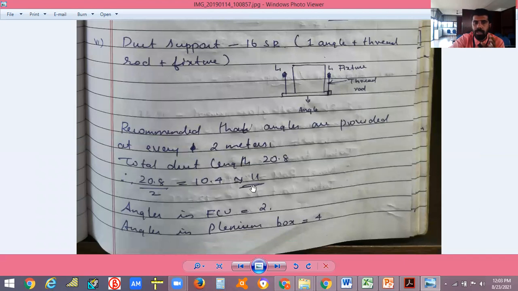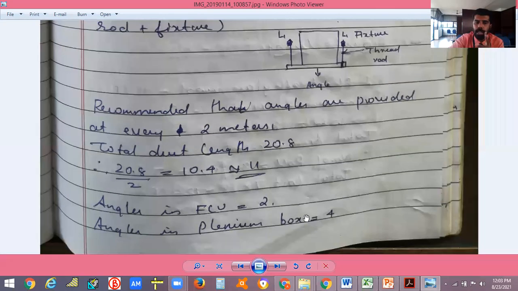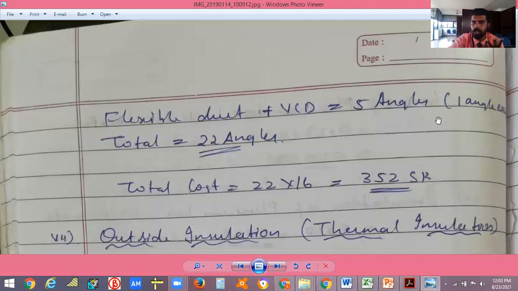Not only that, we have to give duct support for the FCU, fan coil unit. So you give 2 duct supports for the indoor unit. Angles in plenum box, you give 4, because there are 2 plenum boxes, you give 2 each. So total 4 for the plenum box. Then flexible duct plus VCD, there are 5 ducts, give 1 angle or duct support each, so 5 duct supports.